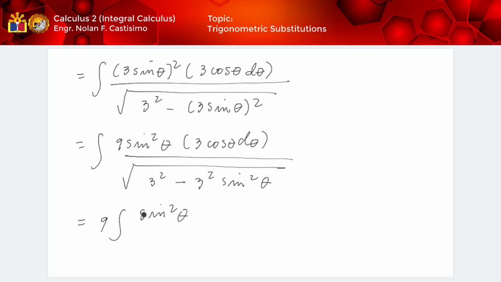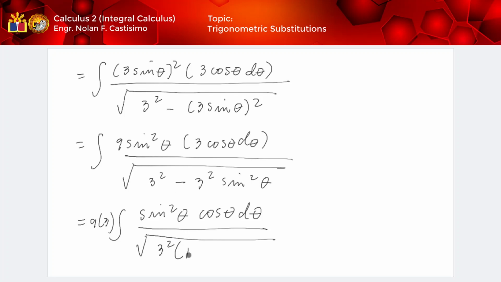So, magiging ganito. 9 times 3. Kasi ito 9, ilalabas na natin dito. Kasama rin yung 3, ilalabas na natin. Kaya ito, magiging sine squared theta, cosine theta, d theta na lang, over square root of 3 squared. So, factor out natin yung 3 squared. Then 1 minus sine squared theta. Okay? So, ganyan na siya.